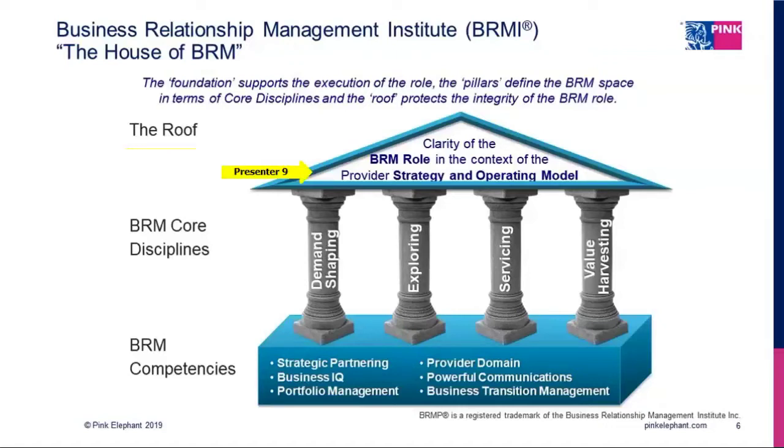And we need to look at the strategy of the organization, who's sponsoring a business relationship management practice office, what are they looking to get out of the practice office for the entire organization, and how are they going to define value. And that'll help me clarify the role of our business relationship managers and business relationship management in general.